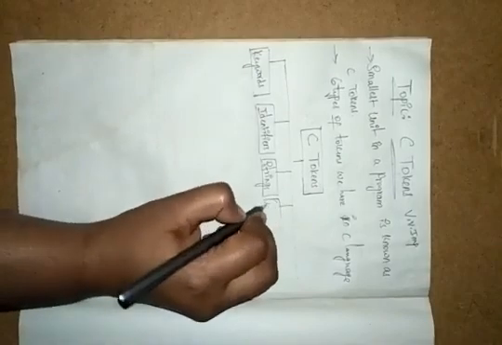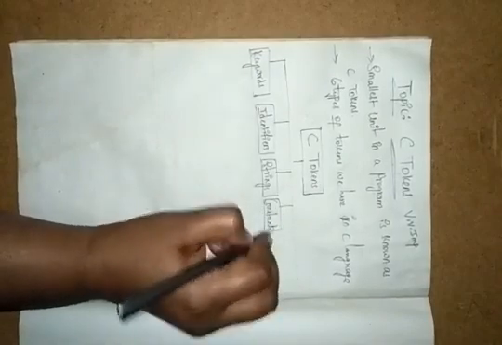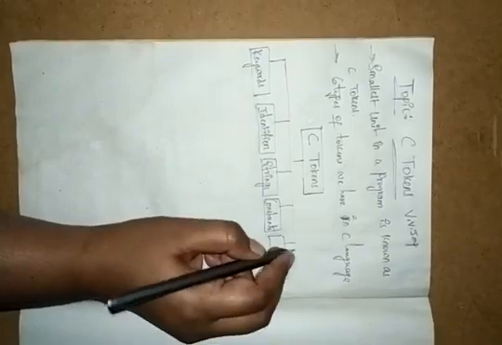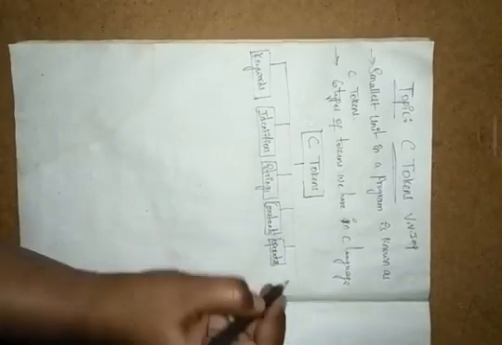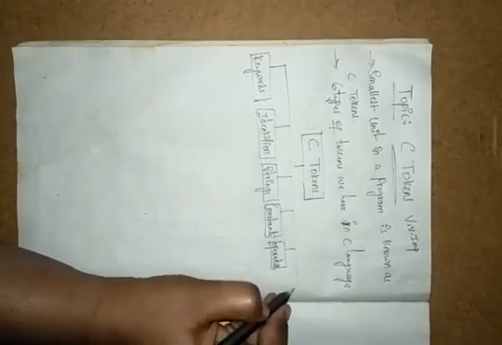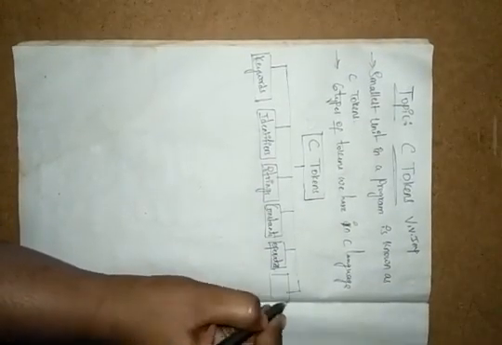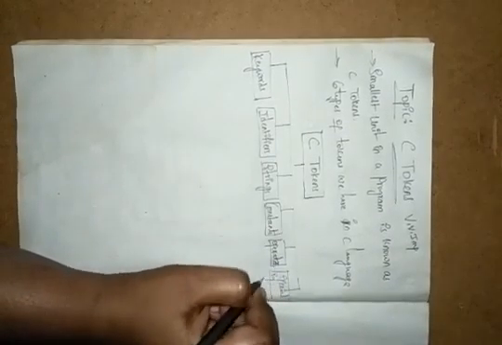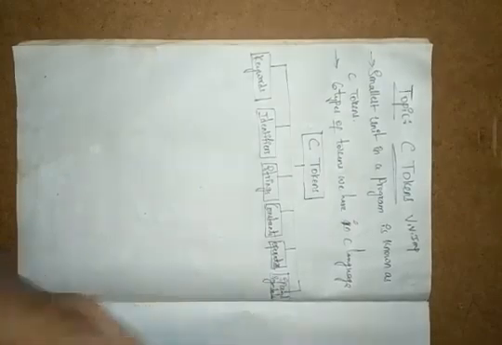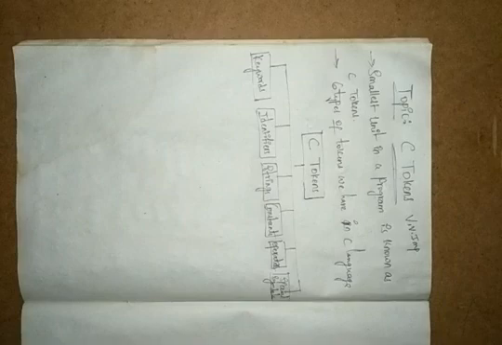And next, constants. And next, operators. Okay, next, special symbols. Total we have these 6 types of C tokens: keywords, identifiers, strings, constants, operators, special symbols.